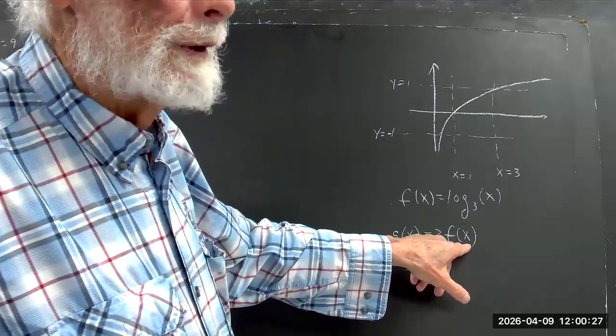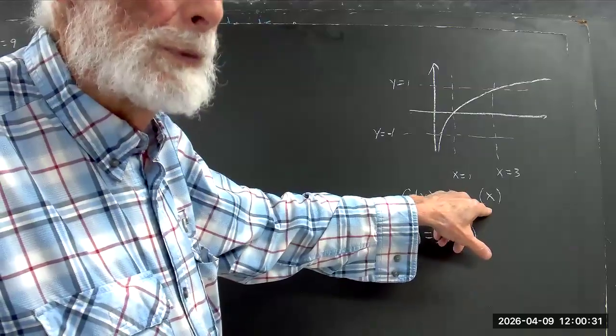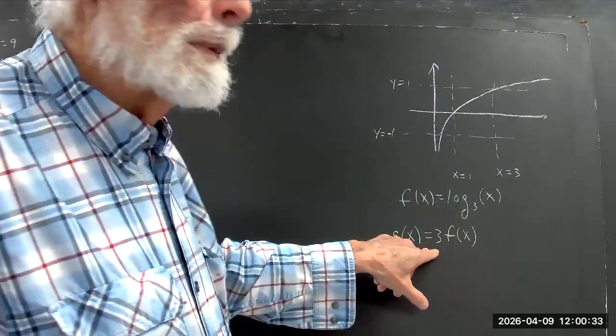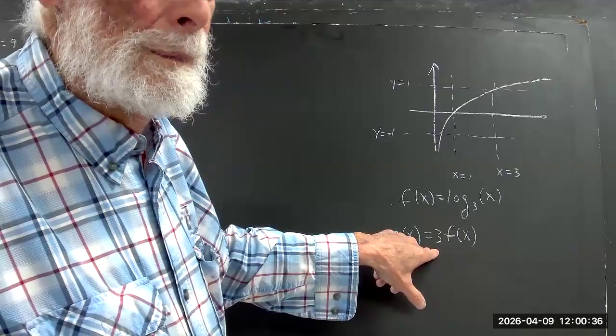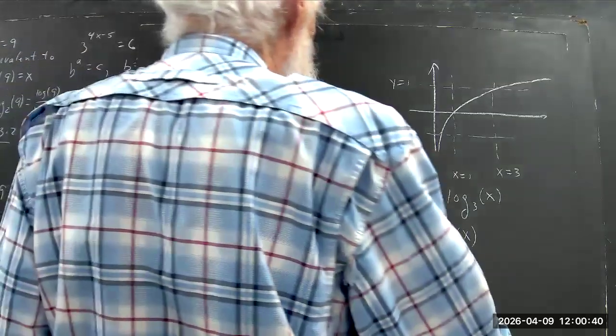Take the same value of x and plug it in here, then you're going to get a y value that's the same as the y value for this. But then you're going to multiply it by 3.